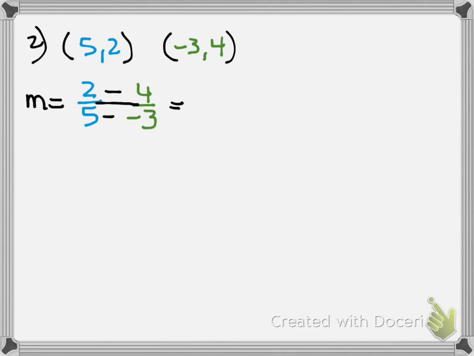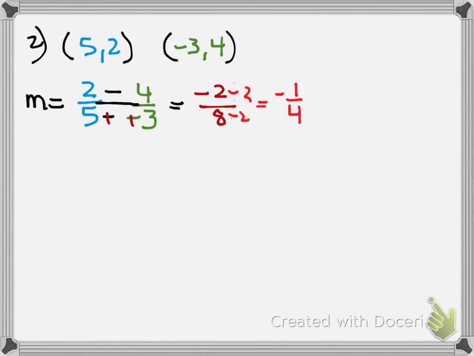What's 2 take away 4? Careful. Negative 2. And what's 5 take away negative 3? Two negatives make a positive and we get an 8. It needs to get simplified. They both have a 2 in common, so we divide out the 2.